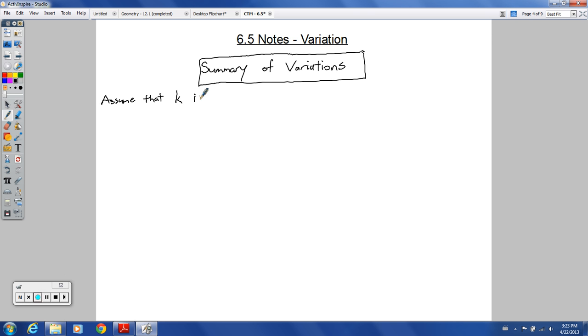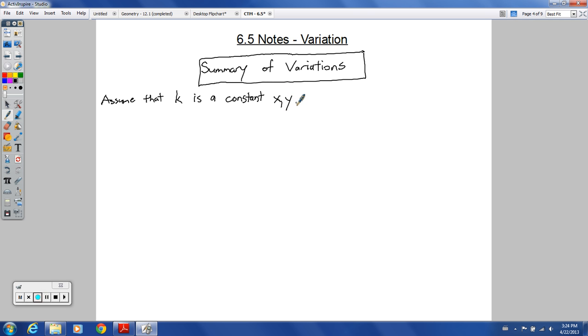Assume that k is a constant. That just means it's a number that we can either know the value of or we can determine the value of based on numbers that will be given, but it's not a variable. It's going to be a constant term. It's not going to change from one value to the next depending on what the others are.